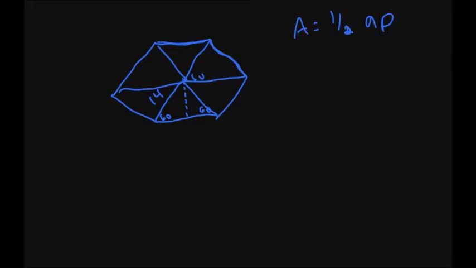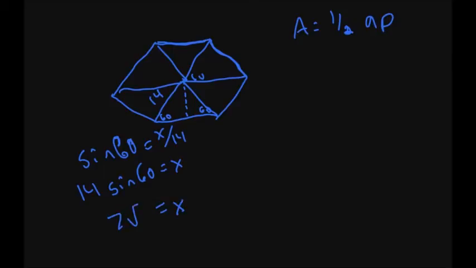So I'm just going to do sine of 60 equals x over 14, opposite over hypotenuse. So this is just going to be 14 sine of 60 equals x. Type that into your calculator. 14 sine of 60. You get 7 square roots of 3. If you rounded to this point, it would be okay.